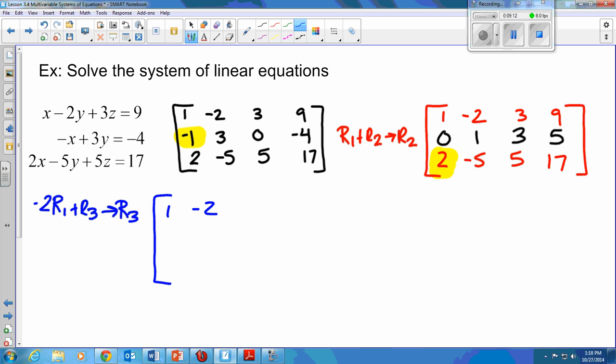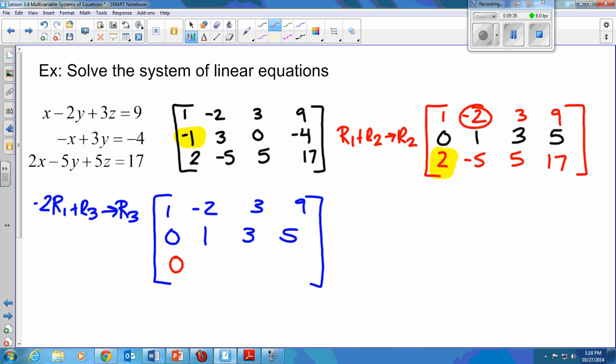All right, 1, negative 2, 3, 9. We're only replacing row 3, 0, 1, 3, 5. So I said negative 2 times row 1, so negative 2 times 1 is negative 2. Negative 2 plus 2 is 0. Negative 2 times row 1, so negative 2 times this whole row, right?